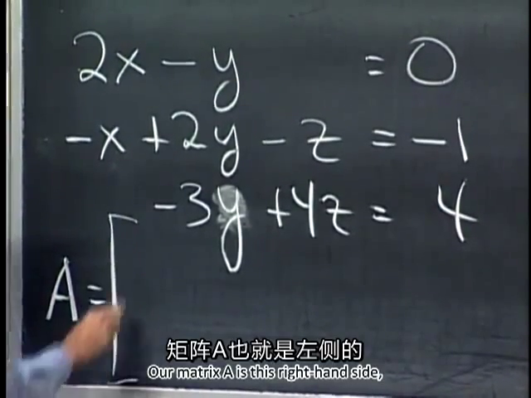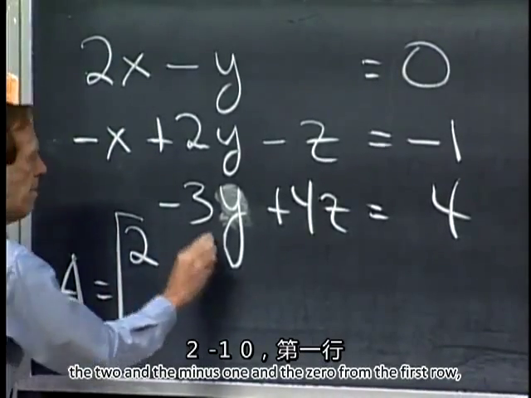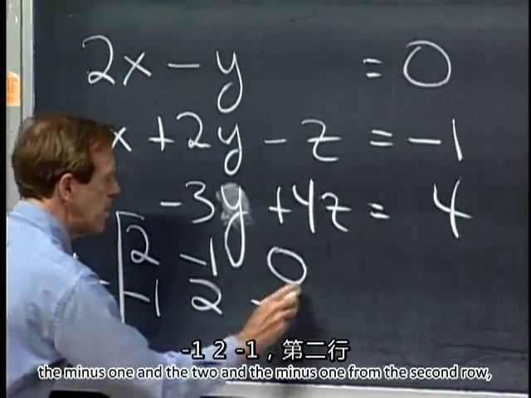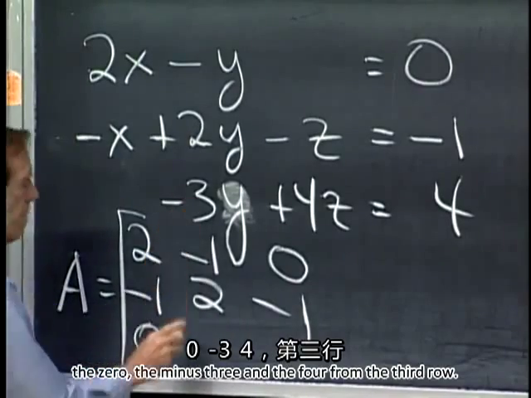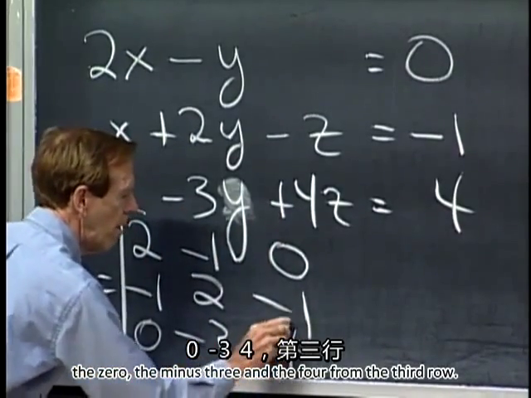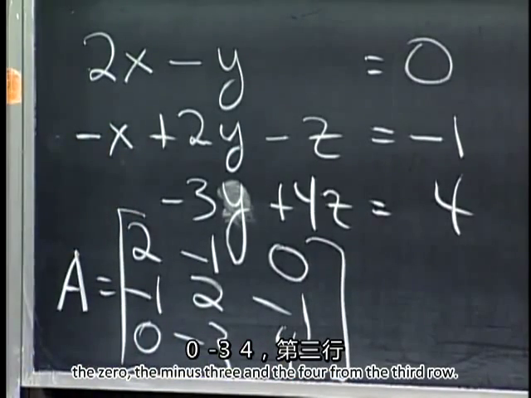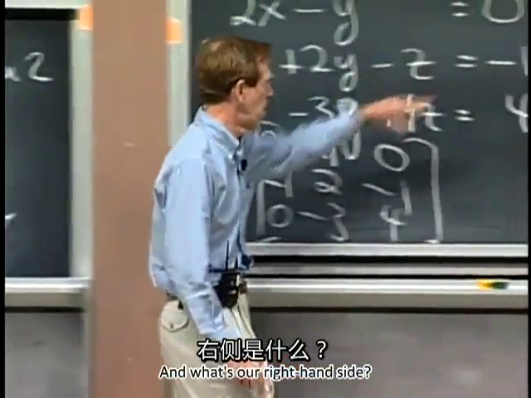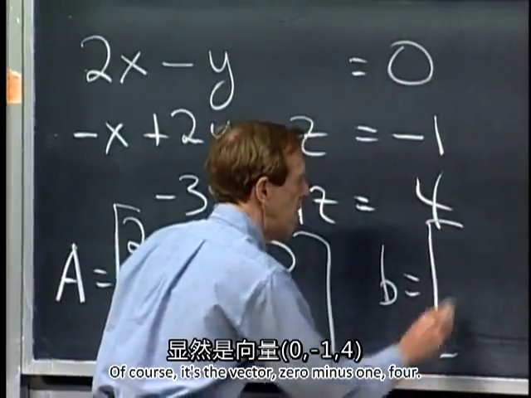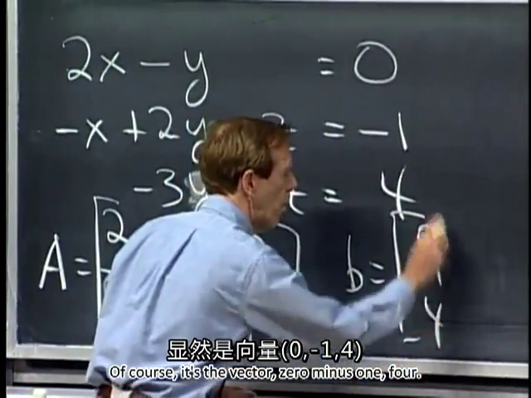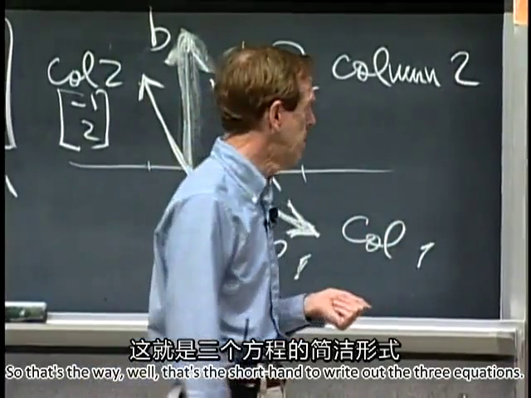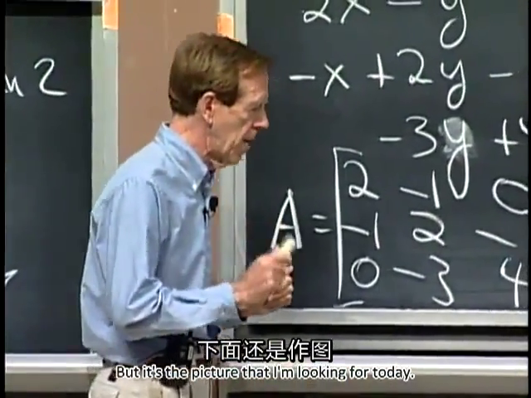Our matrix A has the 2, the minus 1 and the 0 from the first row, the minus 1, the 2 and the minus 1 from the second row, and the 0, the minus 3, and the 4 from the third row. So it's a 3 by 3 matrix. 3 equations, 3 unknowns. And what's our right-hand side? Of course, it's the vector 0, minus 1, 4. That's the shorthand to write out the 3 equations. But it's the picture that I'm looking for today.